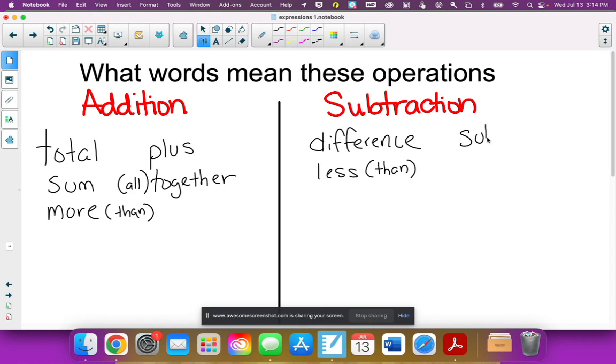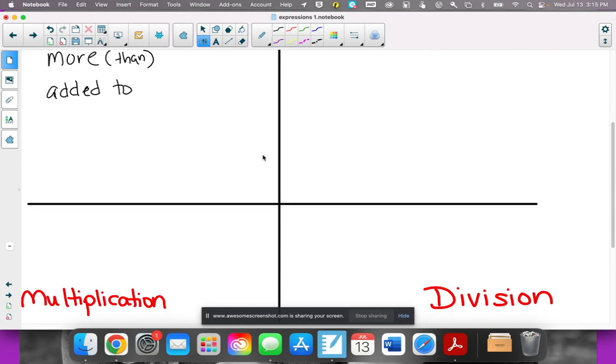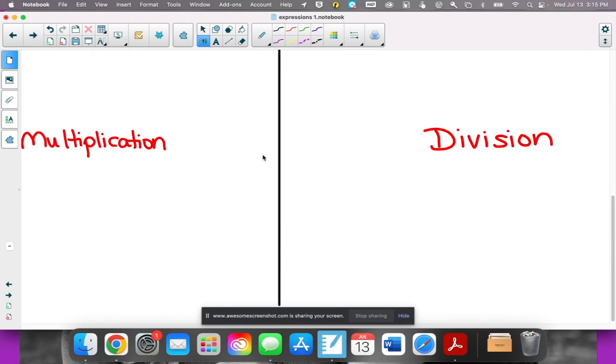You get the basic ones, right, where it says subtracted by. You could also have something like added to, and at that point, you're using the root word for it. So we're just trying to make sure we come up with the words that we don't normally think of. Okay, so multiplication. For that one, remember, the big word is product.